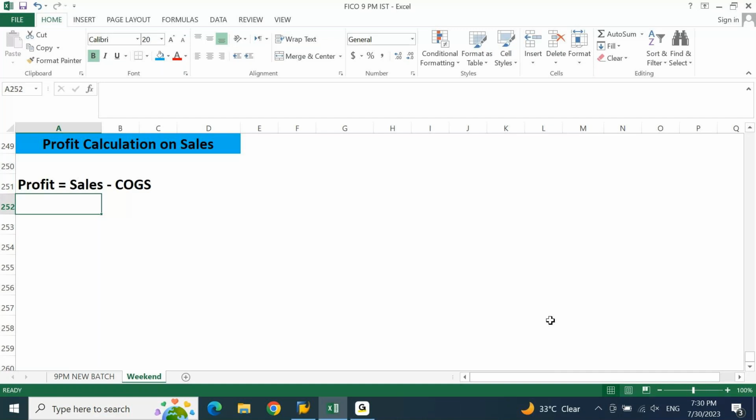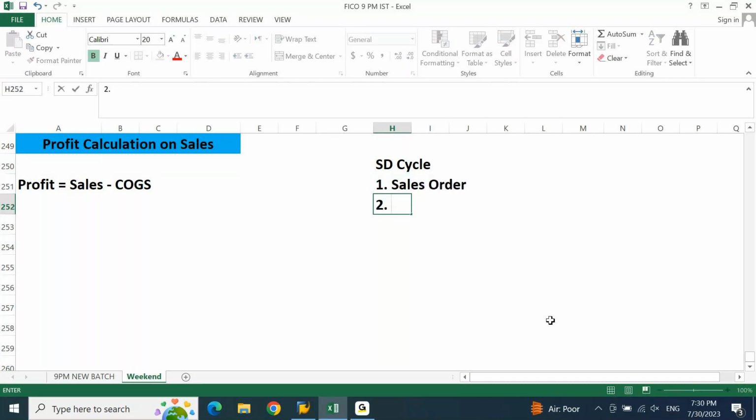Now, if you look at the SD cycle, first one we have sales order, second one I would say delivery and PGI, third one is billing, fourth one is the payment.